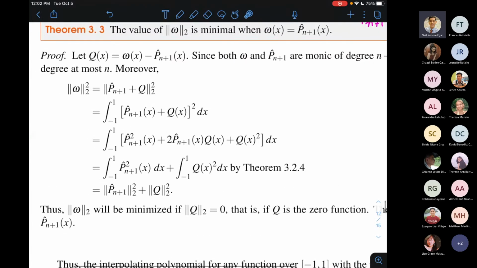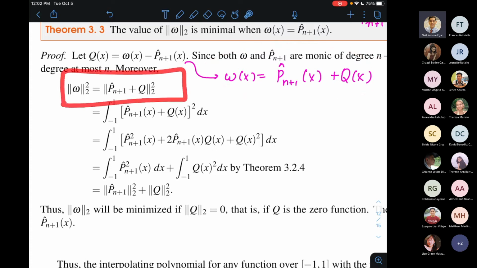Now, compute natin yung L2 norm ni omega. Okay? So from here, we see that omega of x is equal to p hat sub n plus 1 plus q. Tapos kunin ko yung L2 norm squared ng both sides nito. In-square lang siya para wala tayong maging problema dun sa square root.